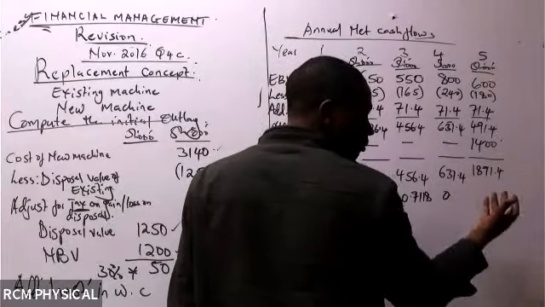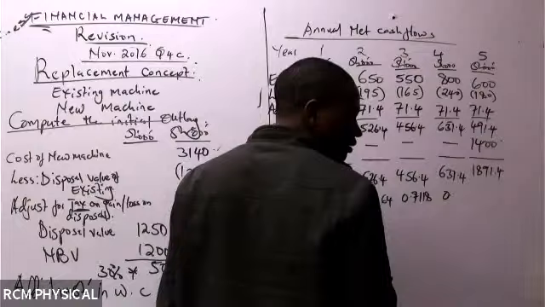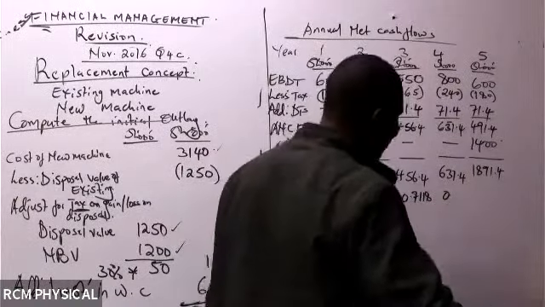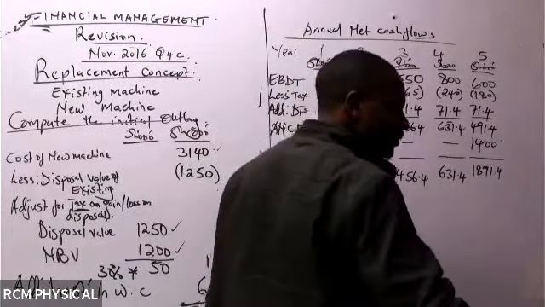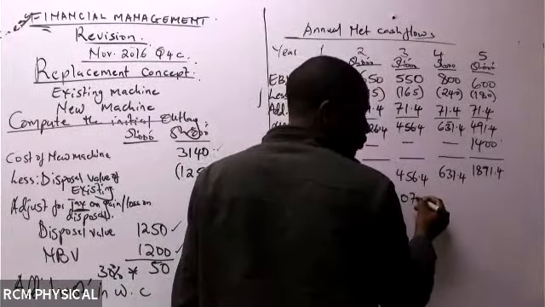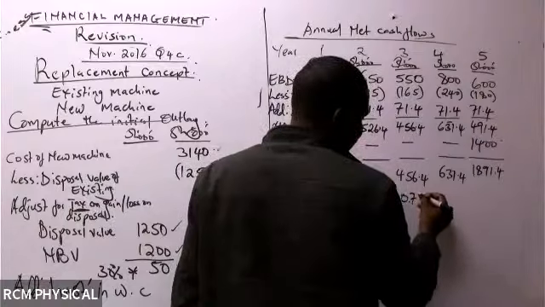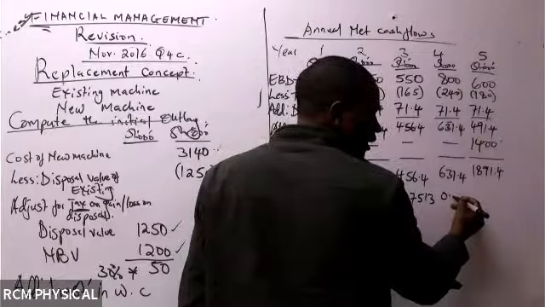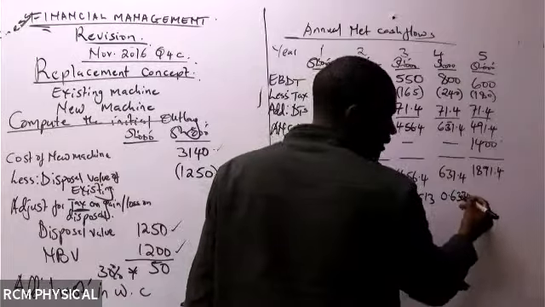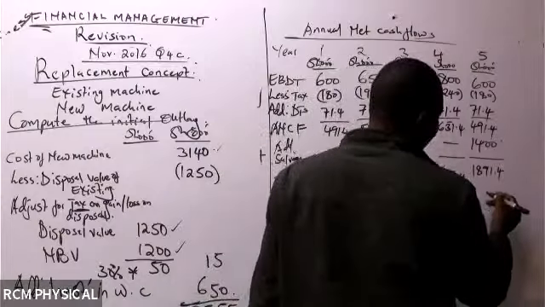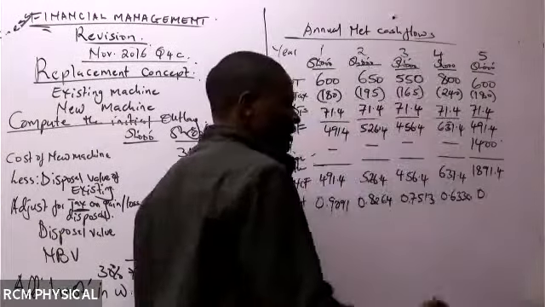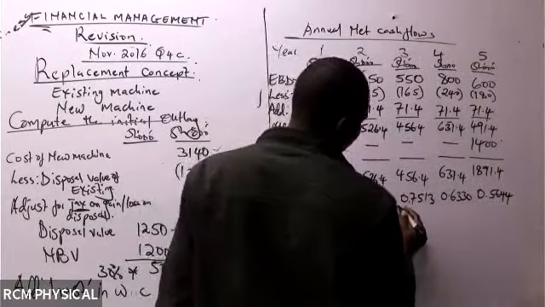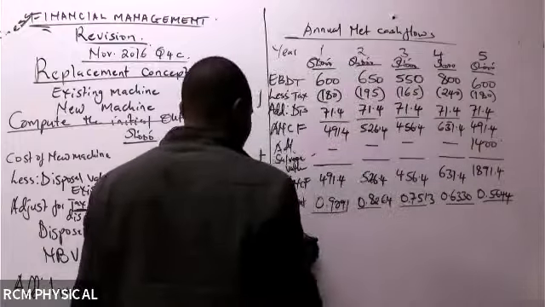I'm just trying to remember how this is. And then we get the total of the discounted cash flow.